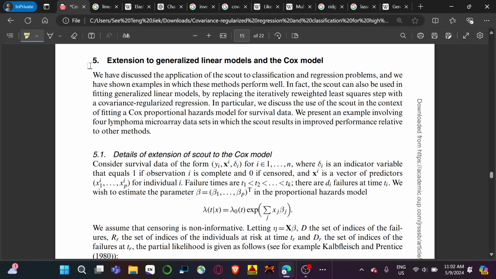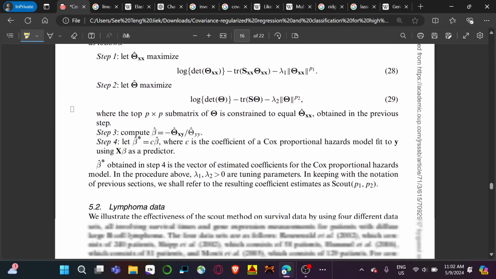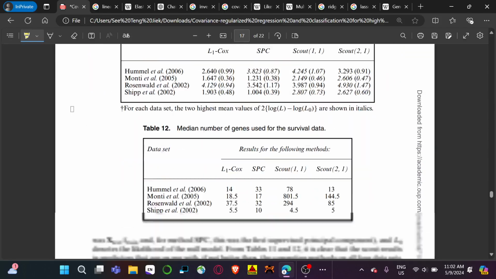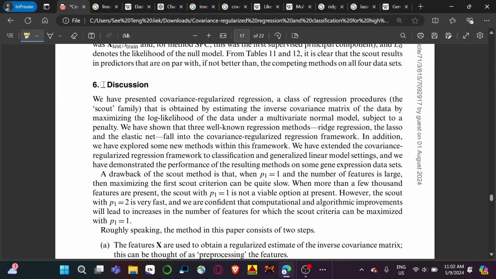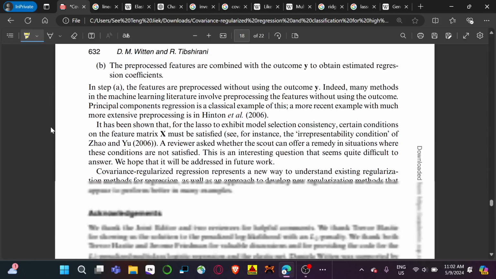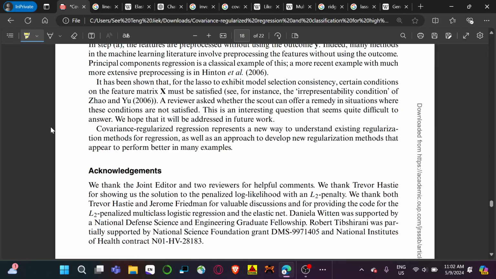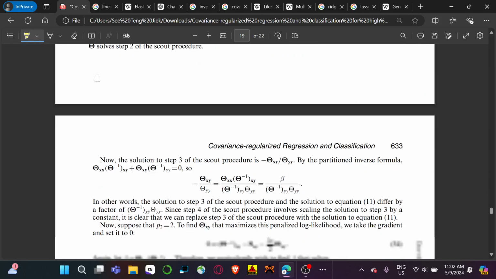In section 5, they talk about how to extend it to GLMs. There's the Cox model, funny name, and they talk about the Cox hazard model for survival data. So there's a whole bunch of cases here, and they have the discussion, acknowledgements and appendix.